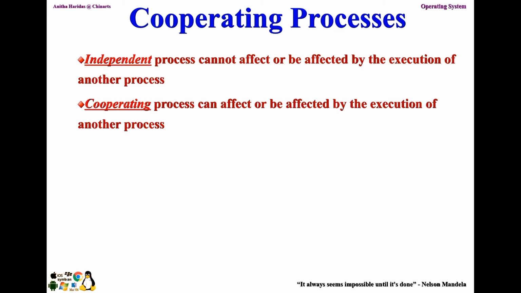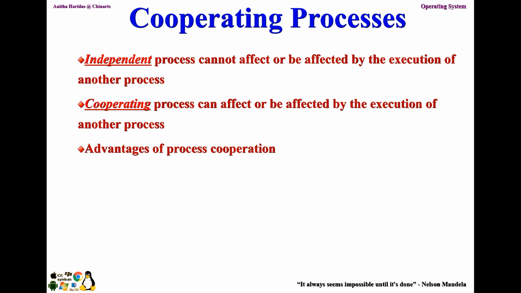In the same way, the independent process will not be affected by another process. In both cases, right? Whereas cooperating processes will affect another process, and in the same way any other process will also be affecting the cooperating process. A two-way effect, right?